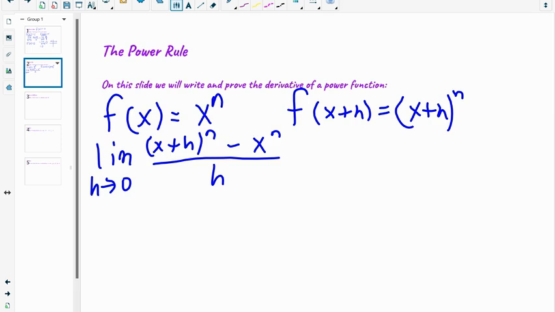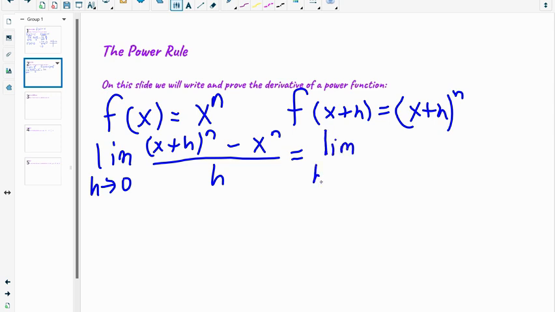Now, we have to get abstract when we're trying to prove concepts because what we have here is x plus h to the power of n. If we had an actual number for n, then we'd be able to FOIL things out. If we had, say, a negative number or we had a fractional, we have techniques for that too. Well, let's just go ahead and let's use the binomial theorem to set this up.